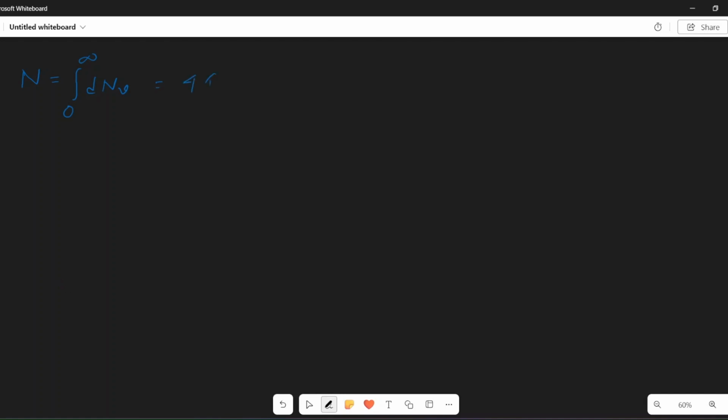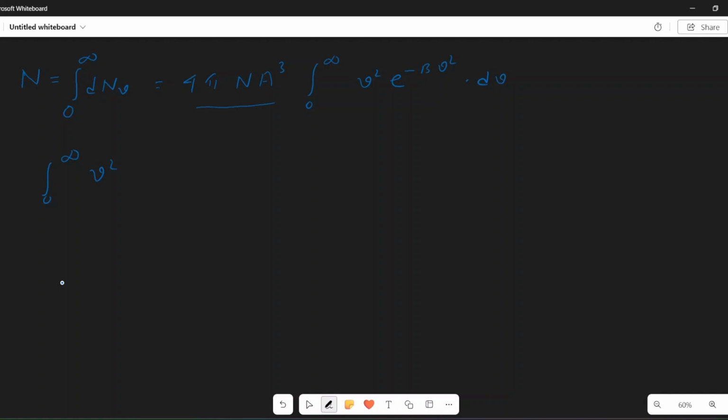The result is 4 pi N a cubed, integral from 0 to infinity of v squared e to the power b v squared dv. We are not bothered about the prefactor for the integration, only about this integral. Now we have to find that integration from 0 to infinity.